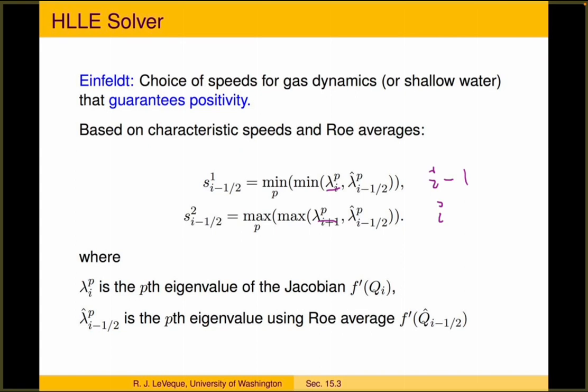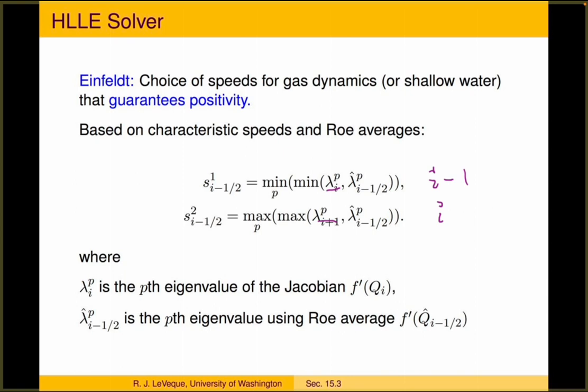This should be lambda sub i minus 1,p used in defining S1 and lambda sub i,p used in defining S2. The idea is that over all of the characteristic families, we look at the smallest value between the eigenvalues of the true Jacobian in the state to the left and the Roe eigenvalues, and use that for S1.